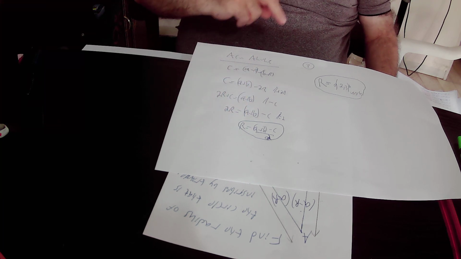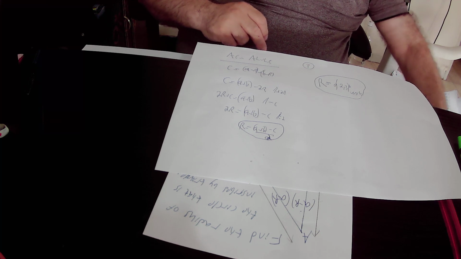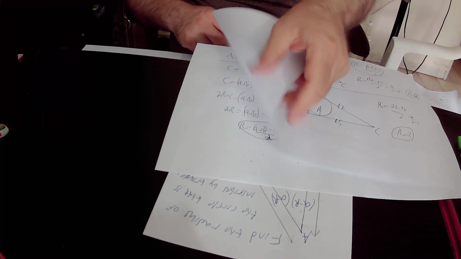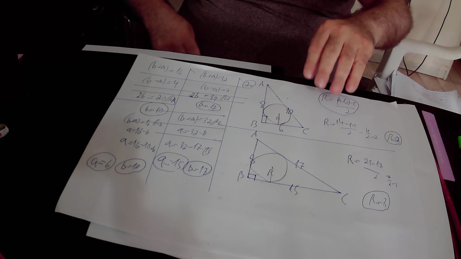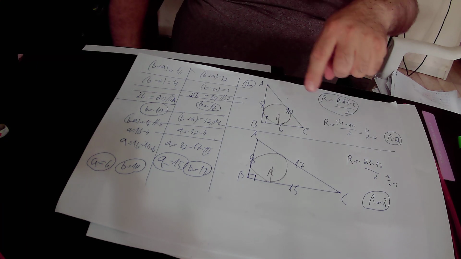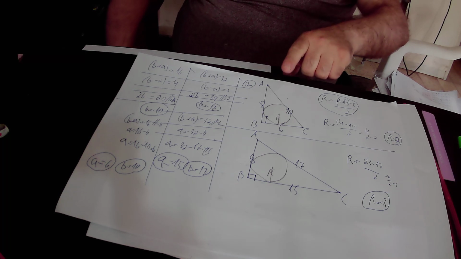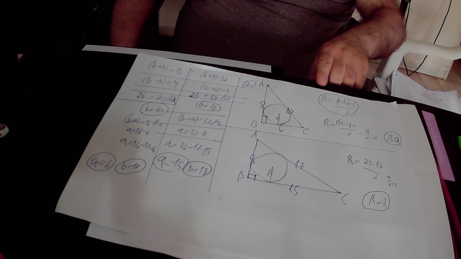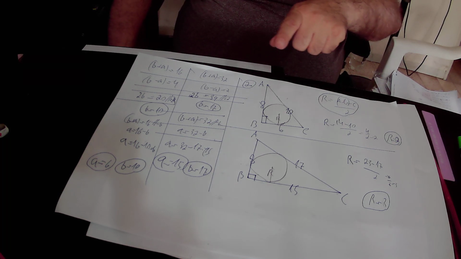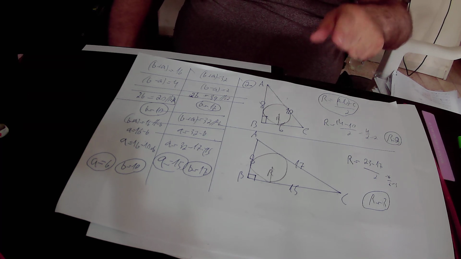We'll use this formula in order to find out the radii of the two right triangles that block two circles. Here R equals A plus B minus C over 2, that is to say, it is equal to the sum of its perpendiculars minus the hypotenuse over 2.